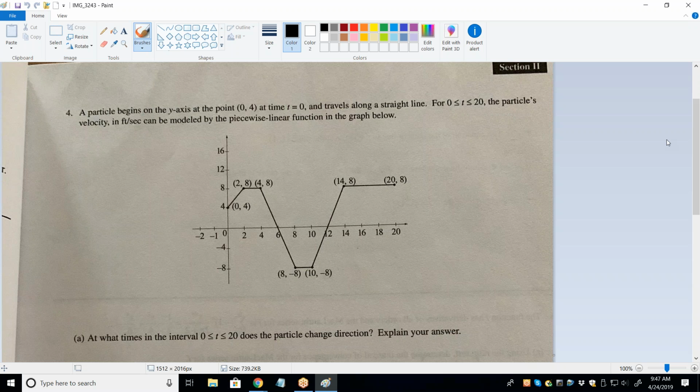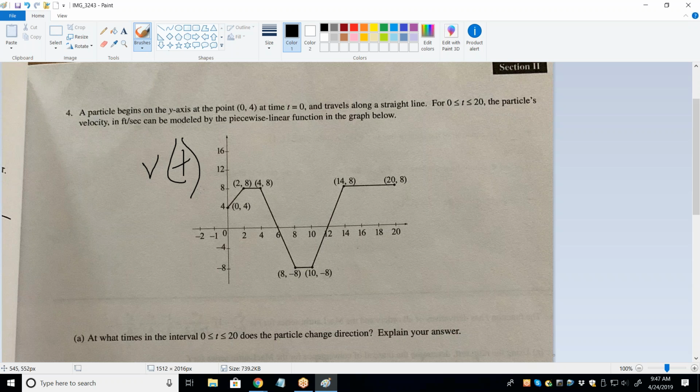So this is the velocity function. Right. So this is v of t. At what times in the interval does the particle change direction? Explain your answer. Ooh, okay.